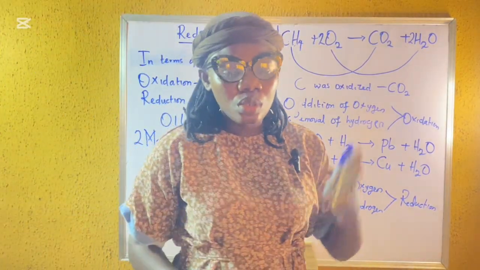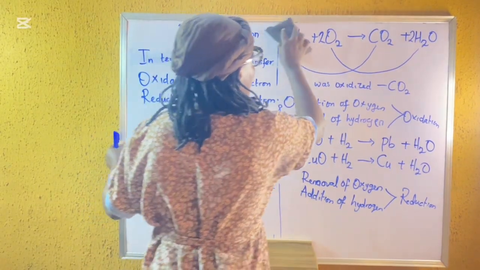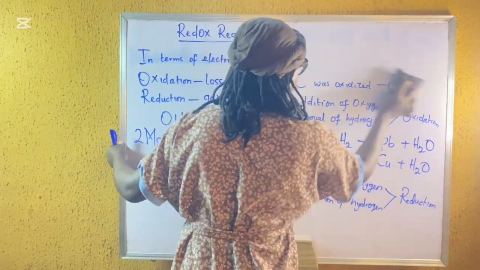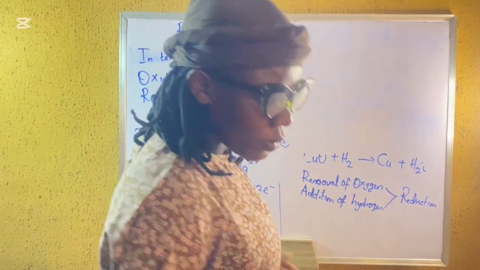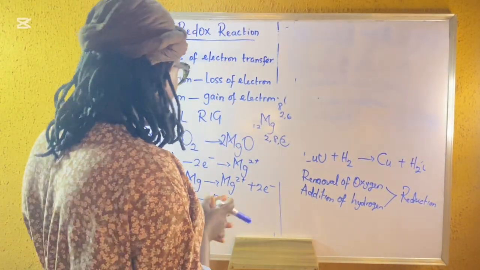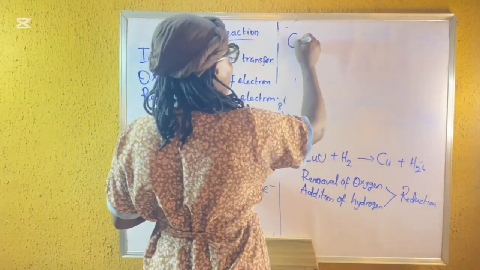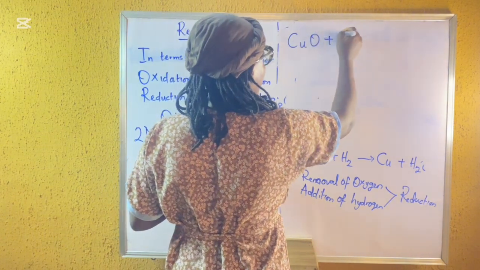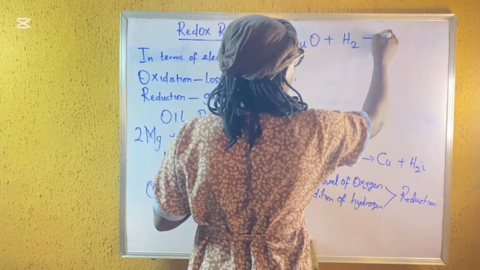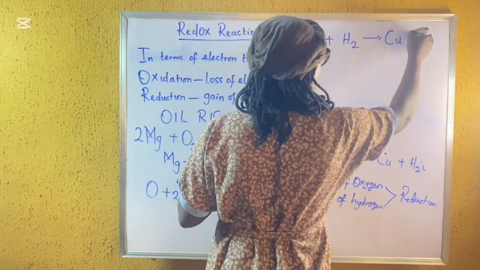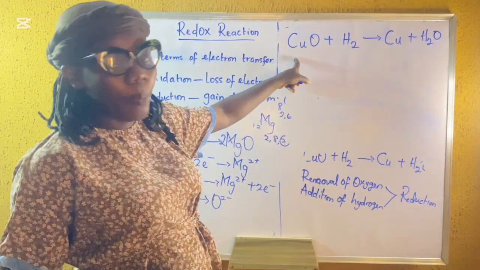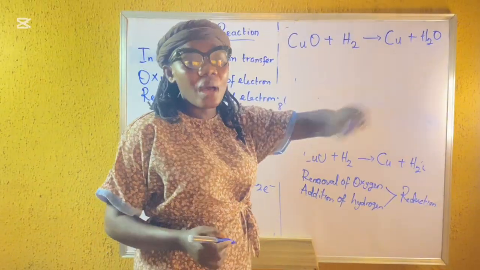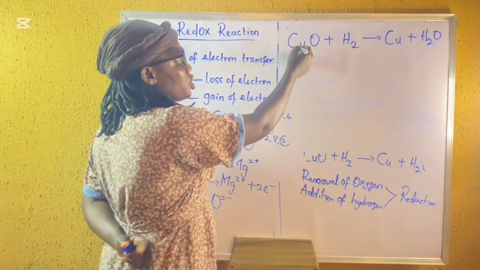Now let's do reduction. Let's look at this equation. Okay, copper oxide and hydrogen to give copper and water. Let's dissociate this.